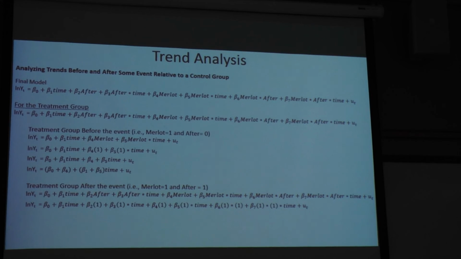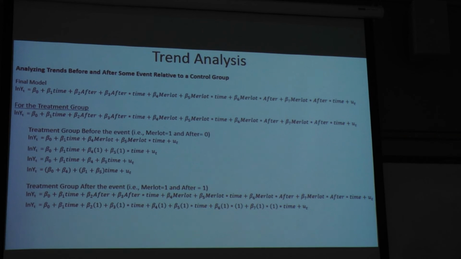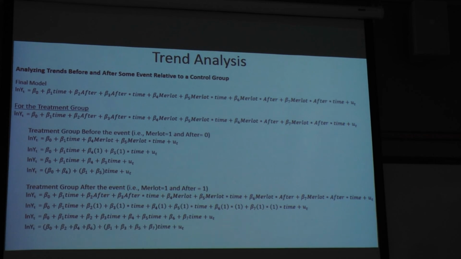Then we're going to one everything out. Wherever there's Merlot and wherever there's after, we're going to replace those with the 1. You don't really need to replace them with the 1 because that's what you end up with. They're either constants or they're coefficients of time. Collect up all the constants, like we have been doing, and collect up all the coefficients of time, and we should come up with that.